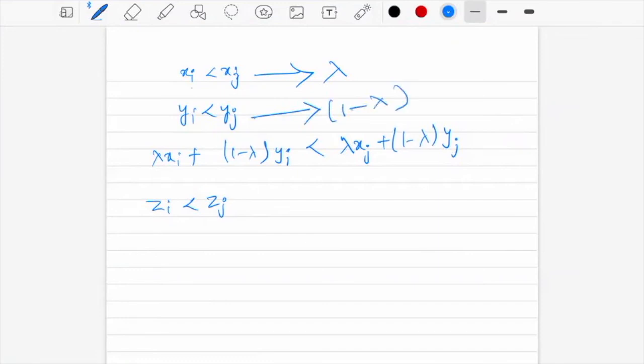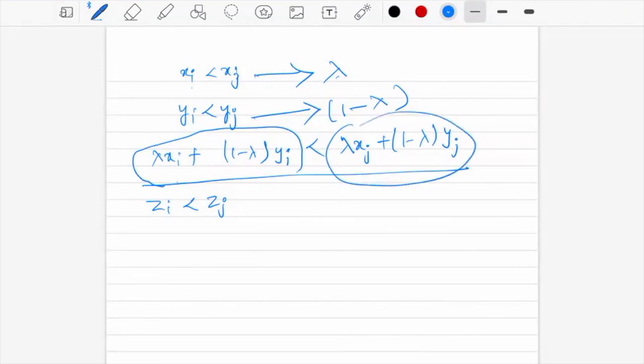After multiplying, if I add the respective xi, yi coordinates and respective i and j labels, the output of the line equation, the comparison, will be in this manner. So from here we can say that this is the line equation for z of i and this is the line equation for z of j. So we can say that z of i is less than z of j, which, by using the above execution 3, we proved.